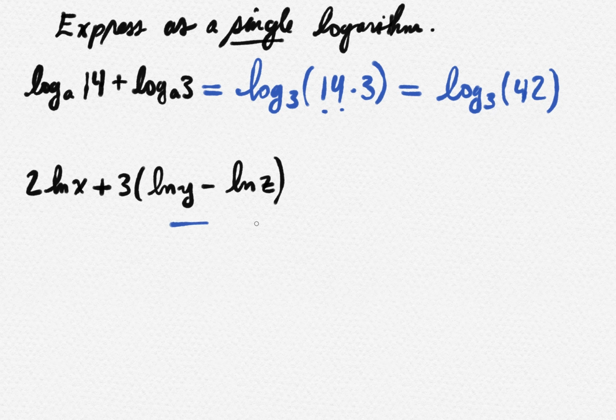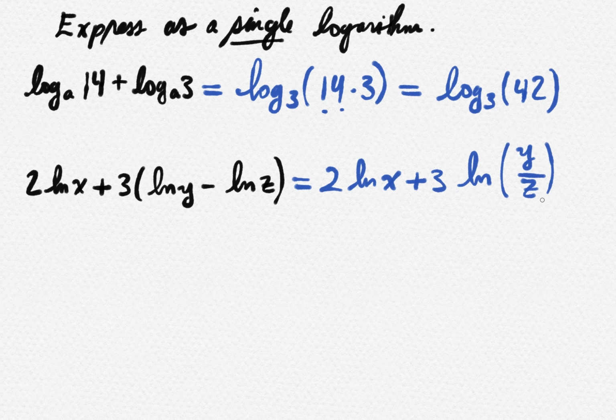So for the second one, what jumps out immediately to me is that we have this subtraction right here that makes it look like we've done the quotient property. So let's write this as 2 log of x plus 3 log of y over z. And then for sure, yes, if we had log of y over z, we would split that up using the quotient rule by subtracting those individual logs.